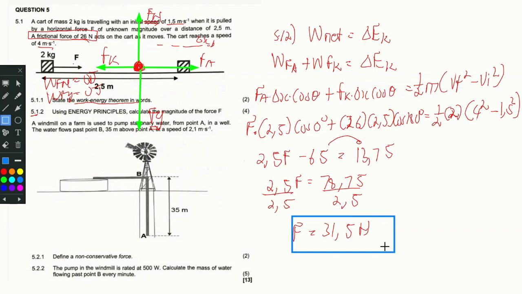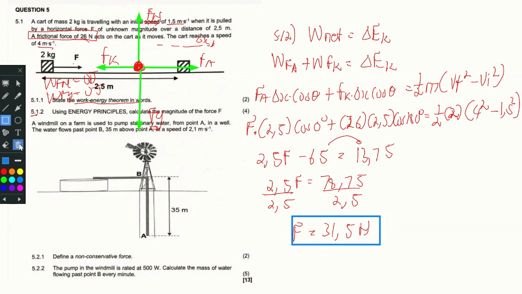Yes. Hallelujah. Okay, so that's basically how you would do that question right there. Okay, so nice. For 4 marks, you just needed to apply the W net formula and then simply trust the process up until you get to the magnitude of force F.